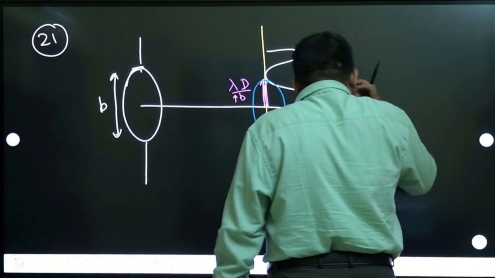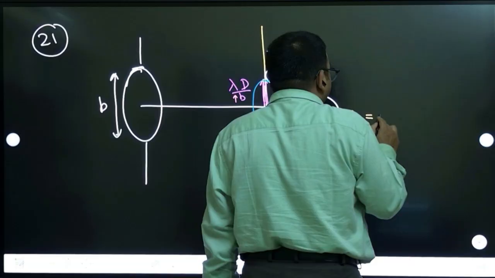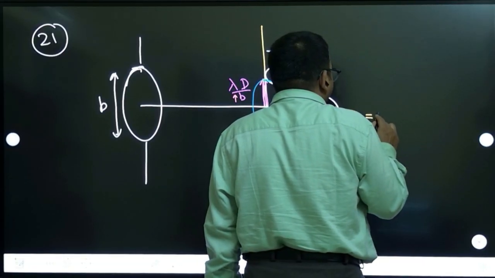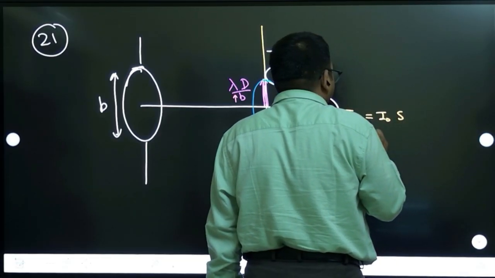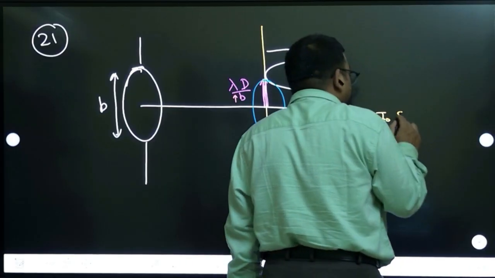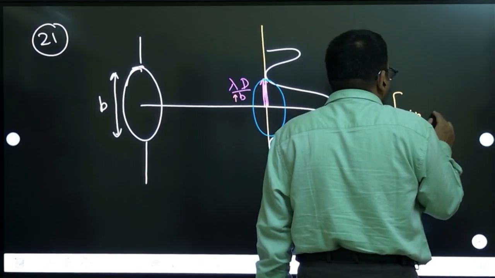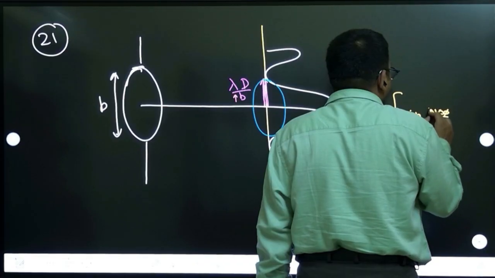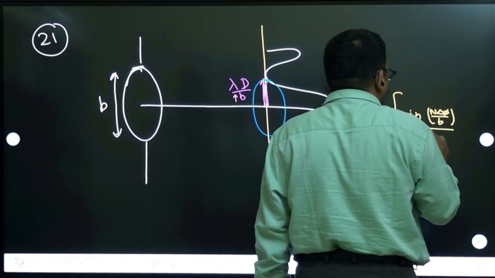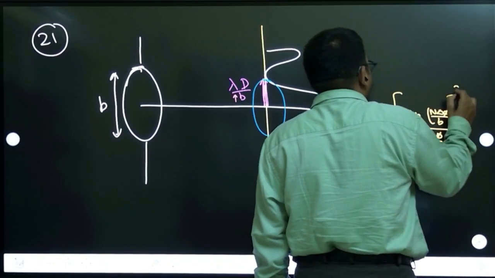Let us talk about that intensity. Central maxima intensity formula is I naught times sine of n delta phi by b, whole squared, right? Is this correct?